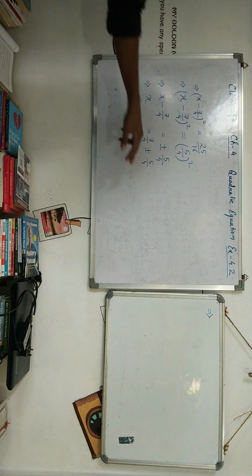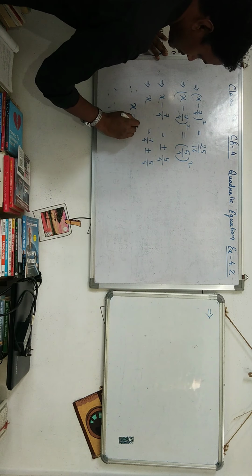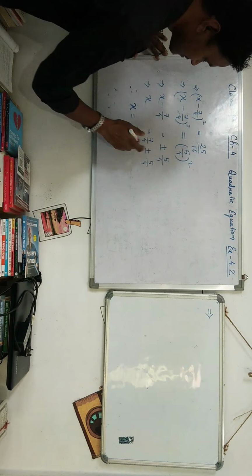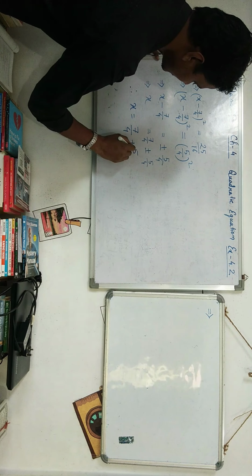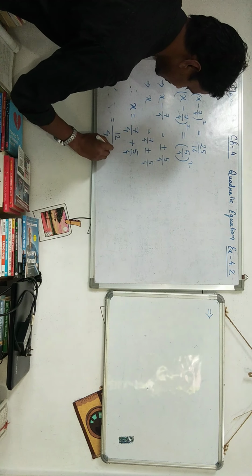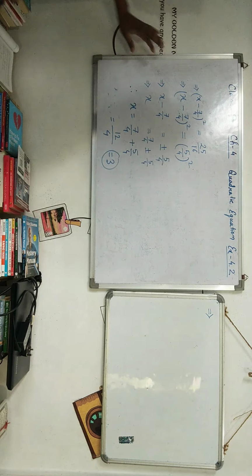So from there I can write, therefore, either x is equal to 7 by 4, one time I will take plus and the second time I will take minus, because plus minus. 7 by 4 plus 5 by 4, take 4 as LCM, 7 plus 5 is 12, so that will be equal to 3. So x is equal to 3 is one answer.